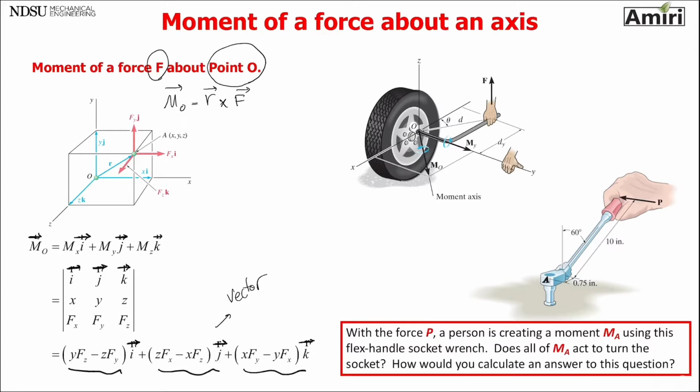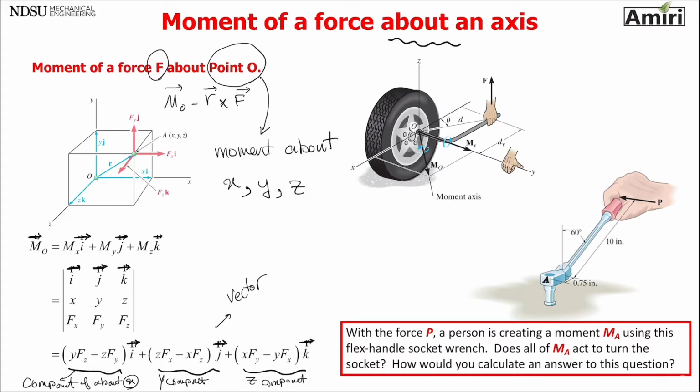I don't think so. How would you calculate an answer to this question? So before moving on, I want to mention something. When you find moment of a force about a point, we are finding moment about three axes, about X and Y and Z. So this is component of moment about X, component on Y, and component on Z. It is a vector and we are finding its component on X, Y, Z axis.